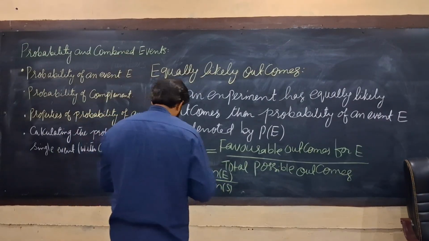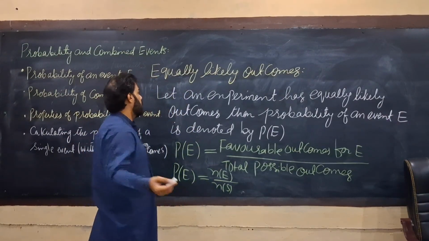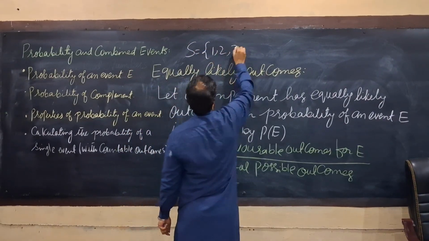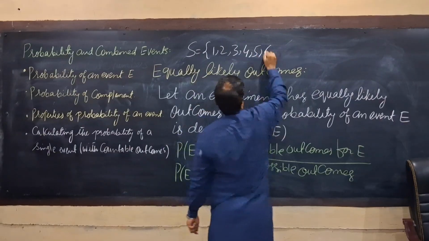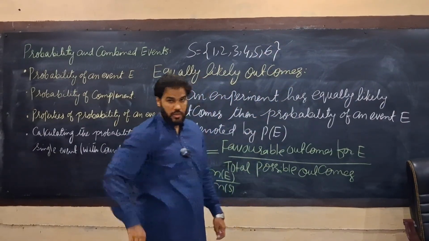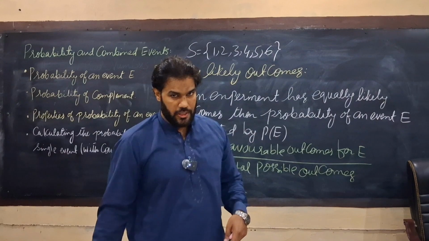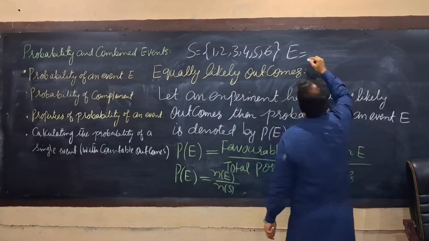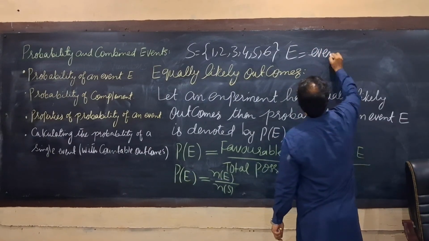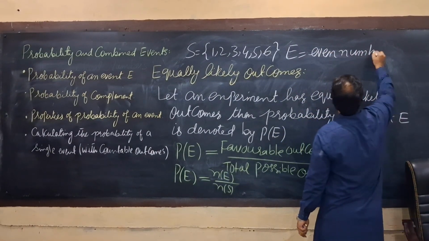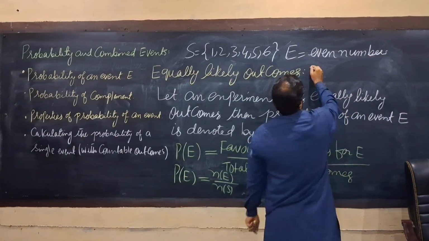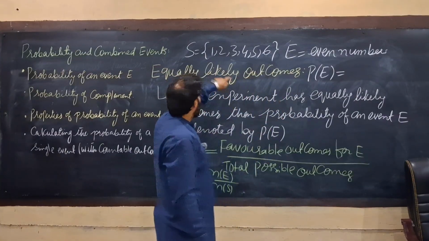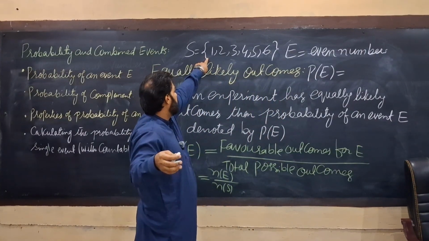For example, when you throw a die, the total possible outcomes are 1, 2, 3, 4, 5, 6. This is the sample space for the outcomes of a single die. Now if event E represents the occurrence of even numbers, then probability of E is equal to, you can count how many numbers are even.